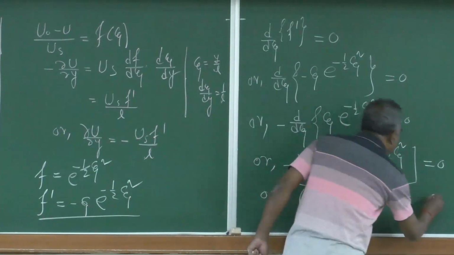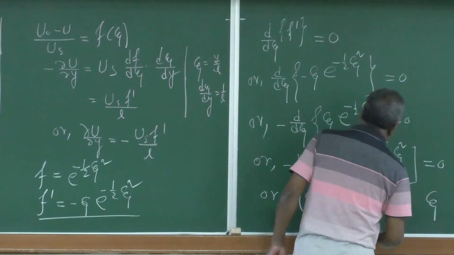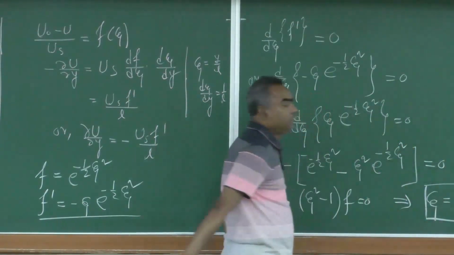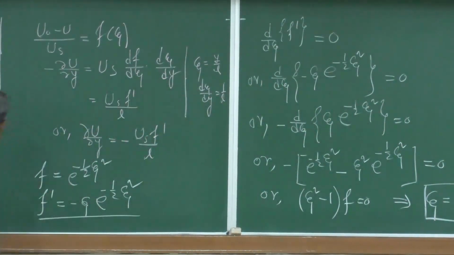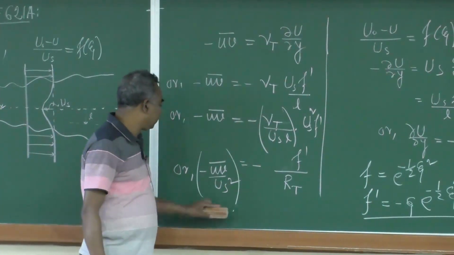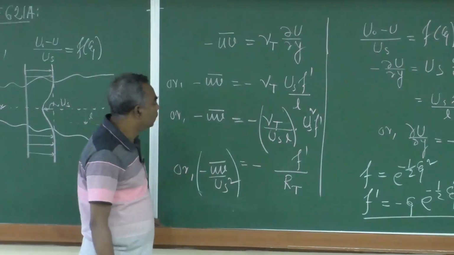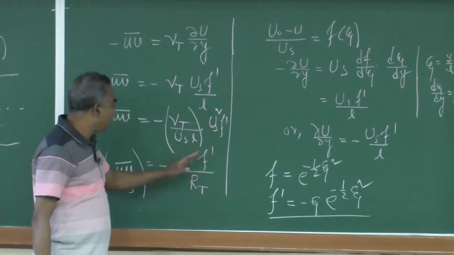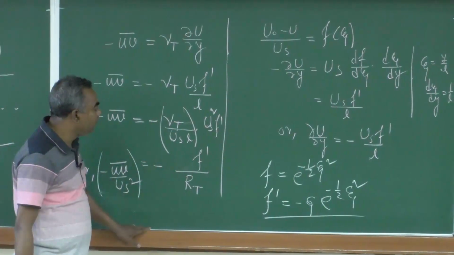This gives the condition where f prime is going to be maximum. So this Reynolds stress is going to be maximum at xi equal to 1.